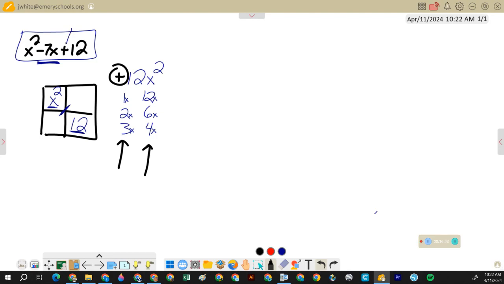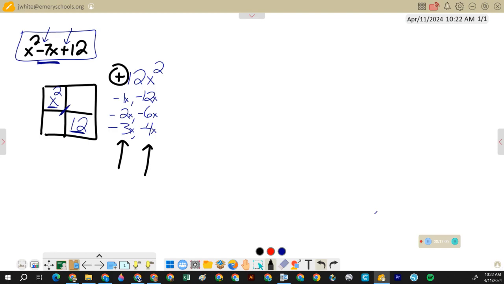So this tells me they are either plus plus or minus minus, and this one tells me they are both negative. So I'm going to go through and make each one of those negative. All right. Anybody confused?